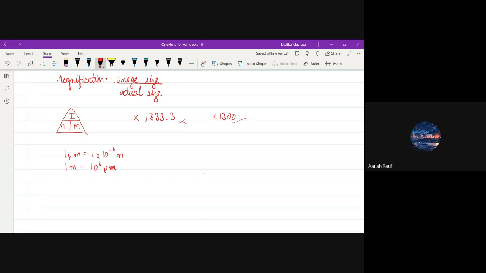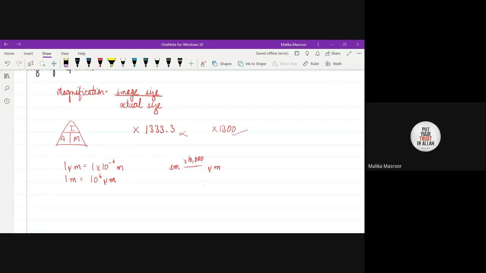Centimeter to micrometer is times 10,000, and vice versa will be divided.